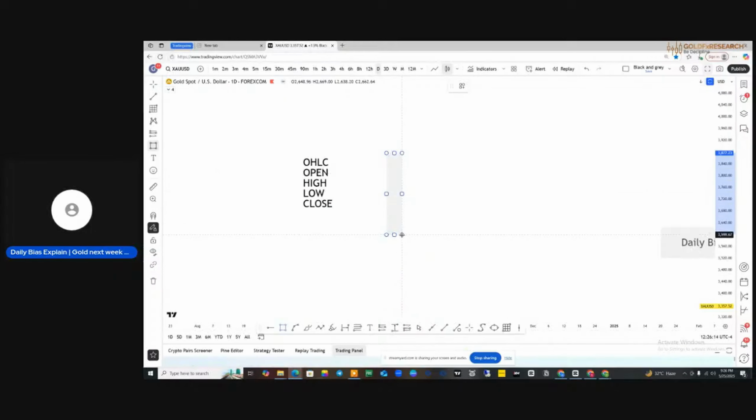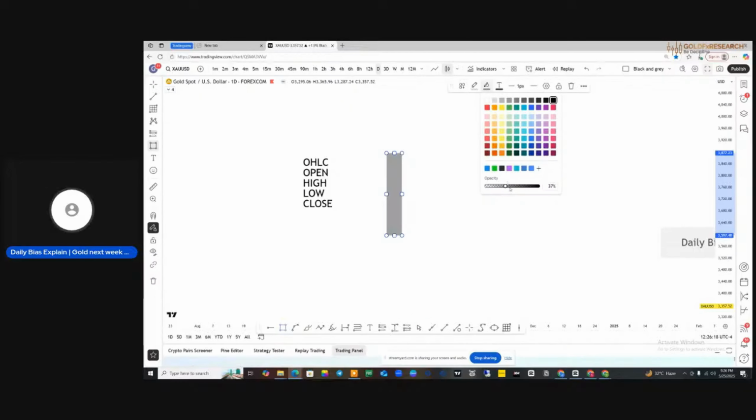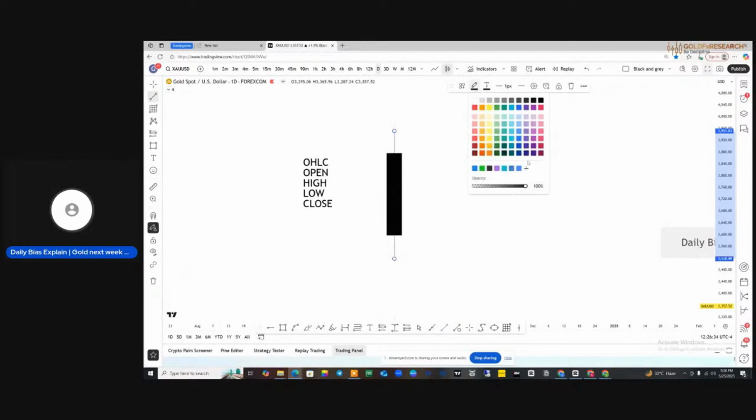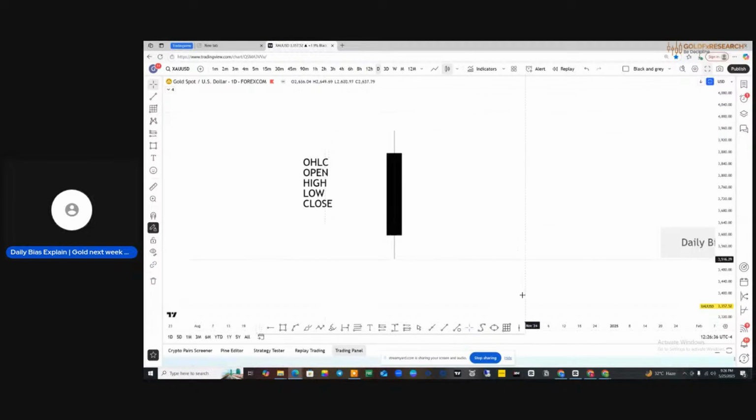For example, here we have a candle. It's a candle from any time frame, whether it's a weekly candle, a daily candle, or an H4 candle. Alright, so take any candle from any time frame, and what will be the parts of that time frame's candle? You will have open, high, low, and close.